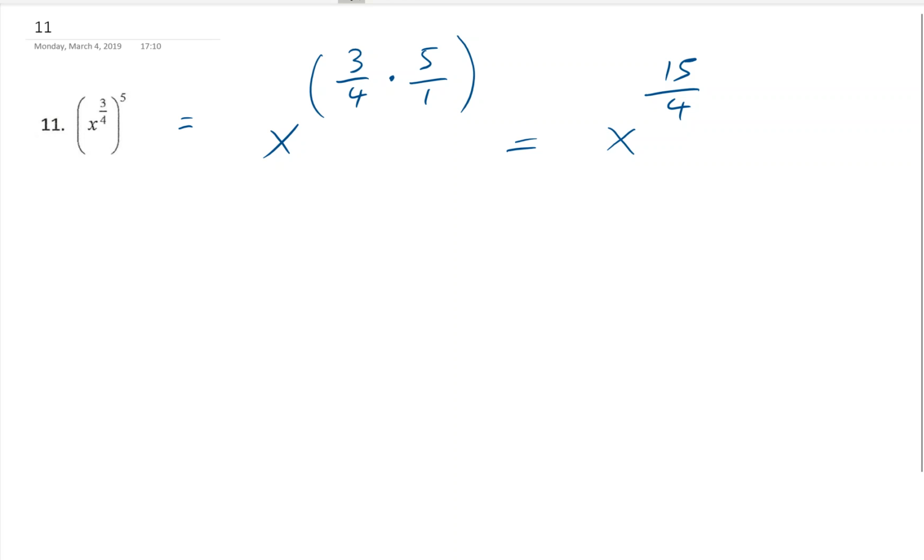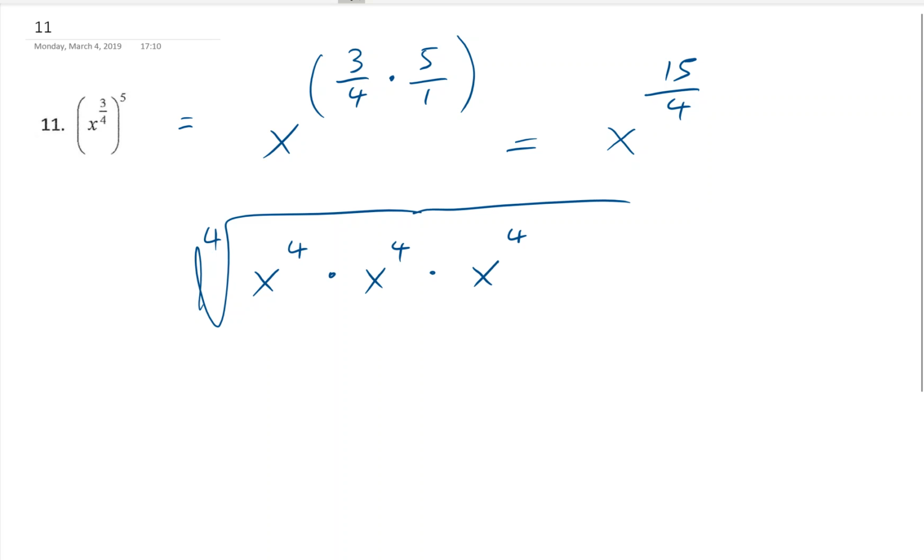So we can simplify that as the 4th root of x to the 15th, right? But if we break it up, x to the 4th times x to the 4th, that's x to the 8th, times x to the 4th, that's x to the 12th, times x to the 3rd, which would make it 15. 4 plus 4 plus 4 is 12, plus 3 is 15.